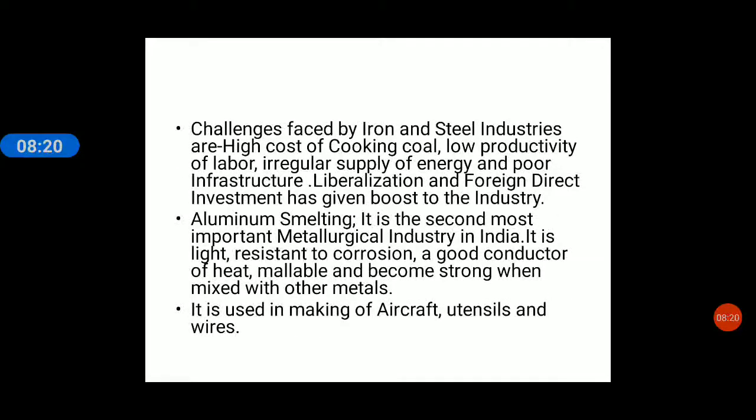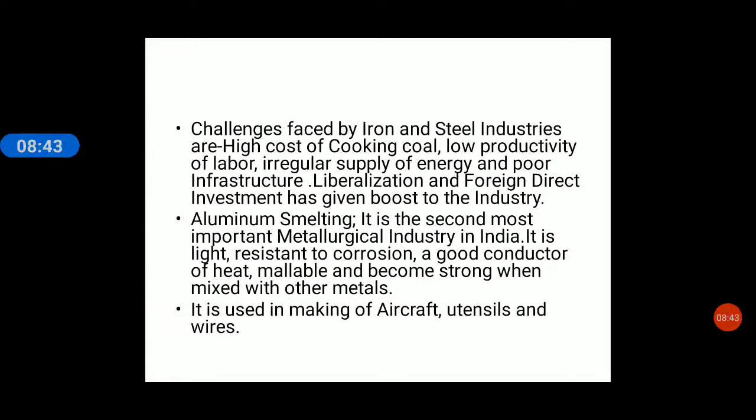Okay. Now, what are the challenges faced by iron and steel industries? This is a 3 mark question. Okay. What are the challenges? High cost of coking coal. The coal which is of high grade is required for smelting of iron ore. The cost of the coal is very high. Then low productivity of labor.